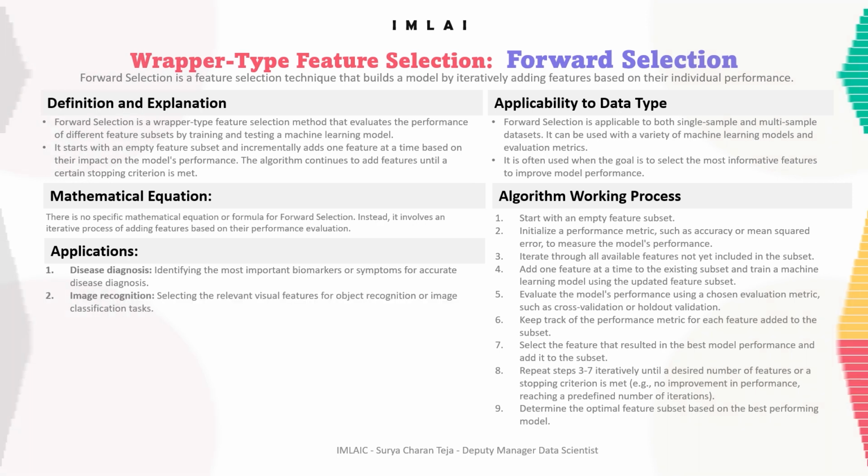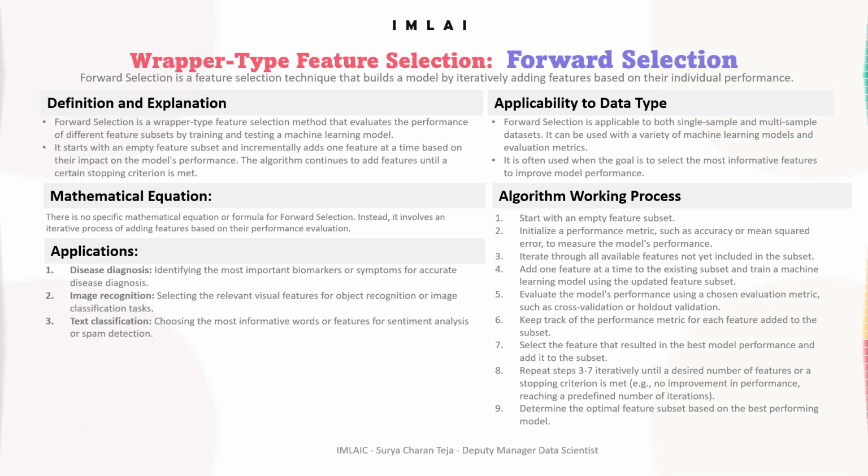Then we have text classification, choosing the most informative words or features for sentiment analysis or spam detection. Then we have financial forecasting, identifying the key economic indicators or financial variables for predicting stock prices or market trends.